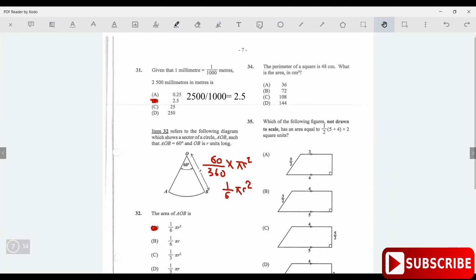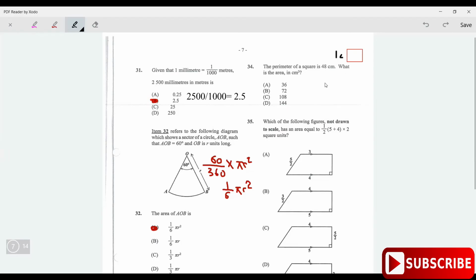Now, if the perimeter is 48, it's always good when you see a diagram. Here's a square, and the perimeter is 48, so that means 12 plus 12 plus 12 plus 12. So each side is 12.